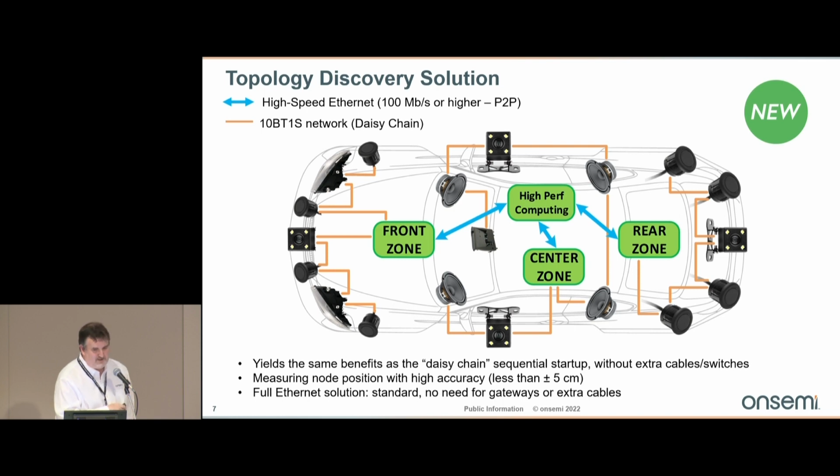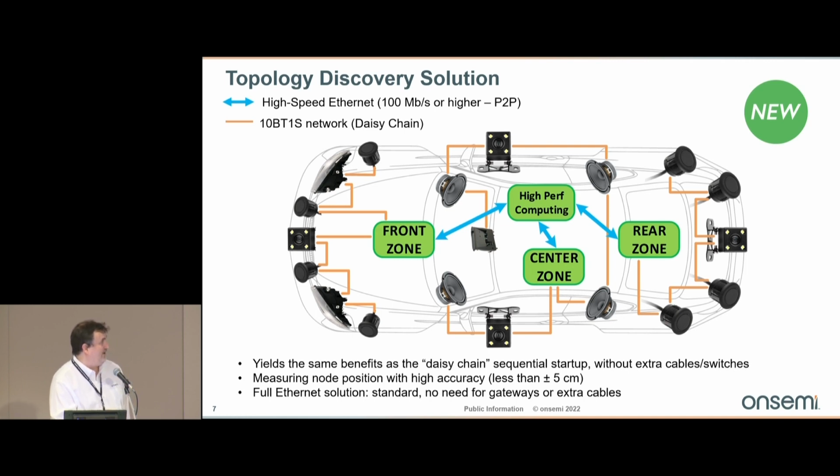So how will this look instead using a topology discovery for 10BASE-T1S? The solution itself is similar to the daisy chain solution that I mentioned before. However, you do not have the additional complexity of the switches and the additional costs as well. So it works without extra cables and without extra controls.